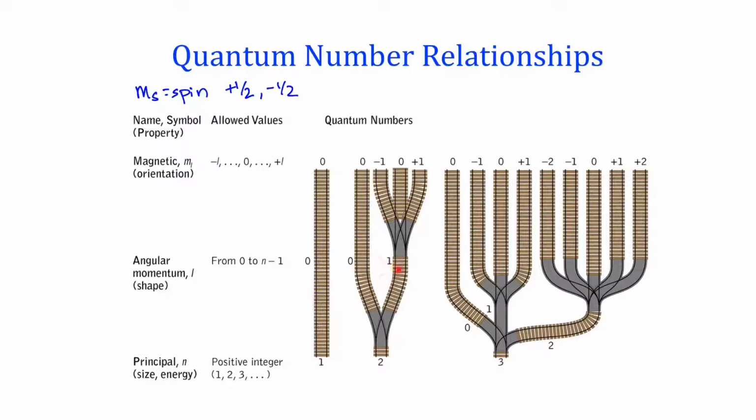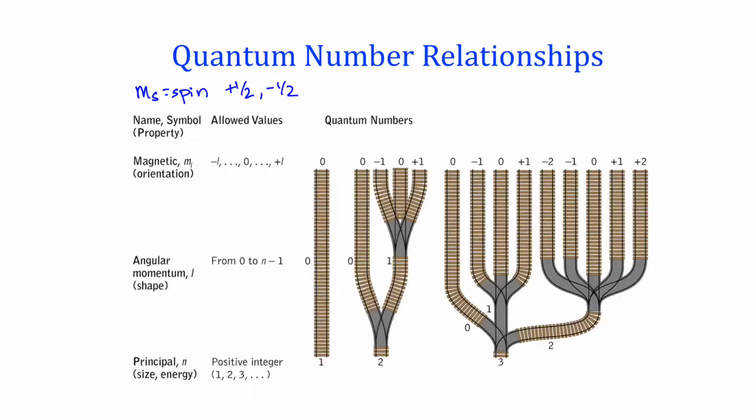We have L equals 1, that corresponds to a p orbital. So we have three p orbitals that just differ in their orientation in space. Here, our L equals 2 corresponds to our d orbitals. So we have 5 d orbitals.